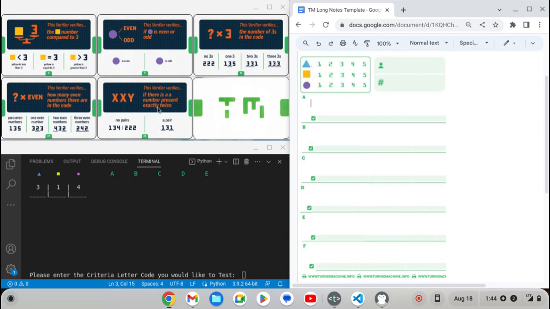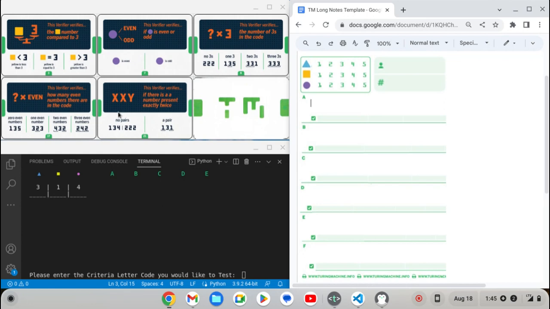And finally, criteria card E again looks at our 3-digit solution, but this time will let us know a little bit about its structure, so to speak. The solution could either have a pair, as in the example 131, or alternatively, no pairs.